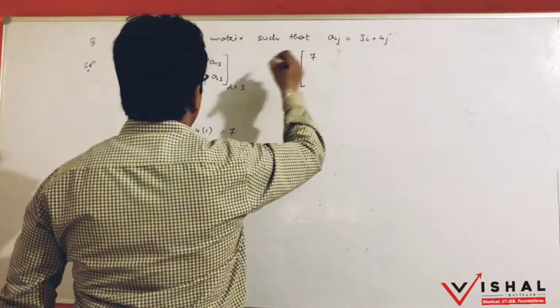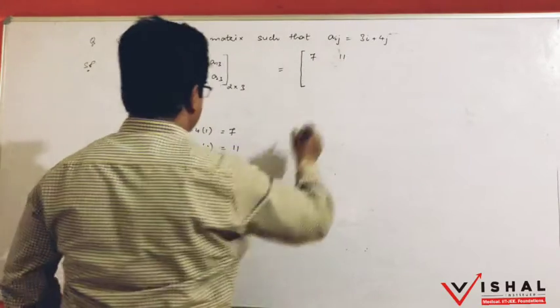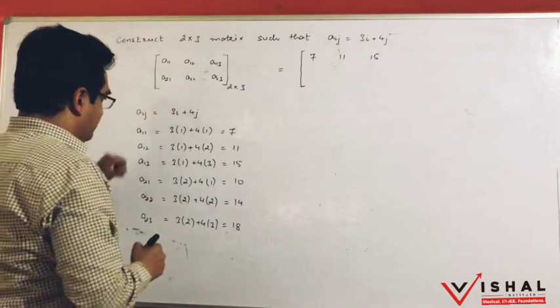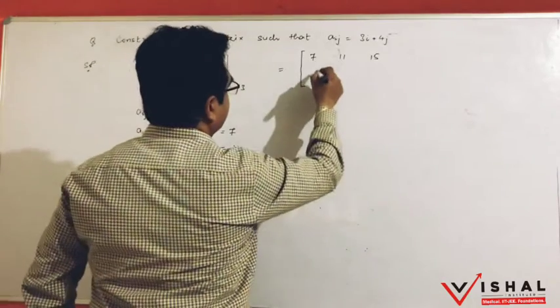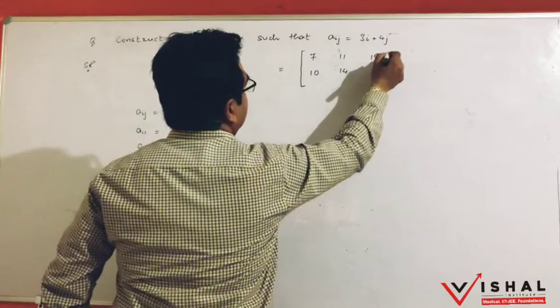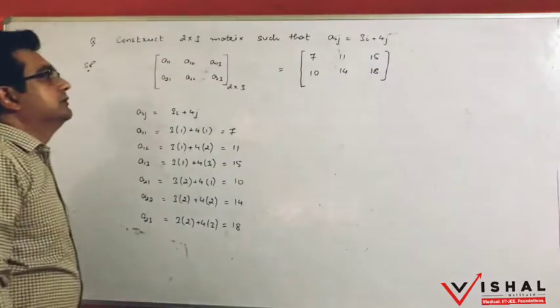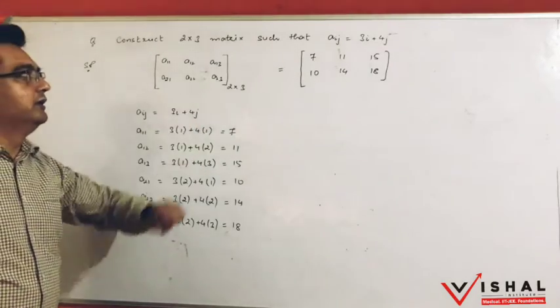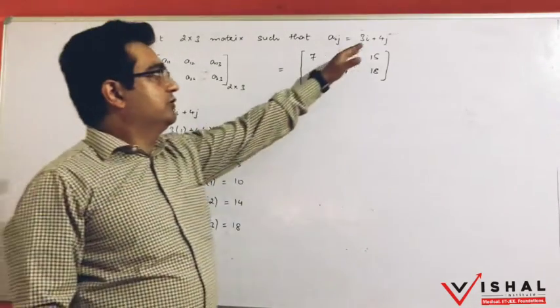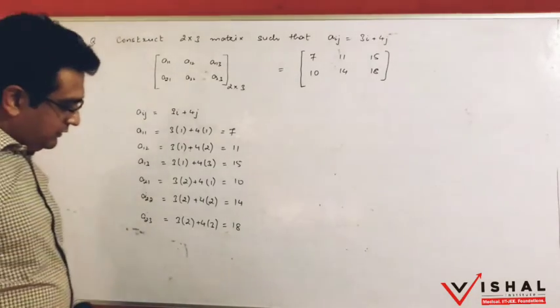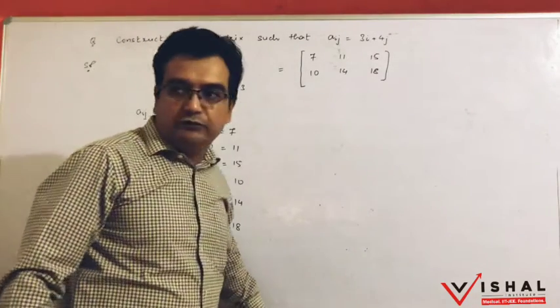A11 is 7, A12 is 11, A13 is 15, and A21 is 10, then 14, and 18. So this is a matrix of order 2 cross 3 where we have taken Aij equal to this. Now let's do one more question of the same type.